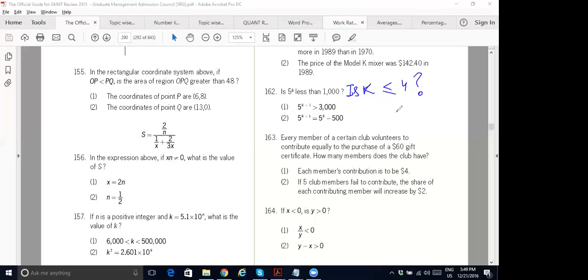When will that happen? When it is 125 and 625. So 5 cube and 5 to the 4. But still the point is you can get the value of k. But do you need the value of k to answer this question? From statement 2, do you actually know the exact value?